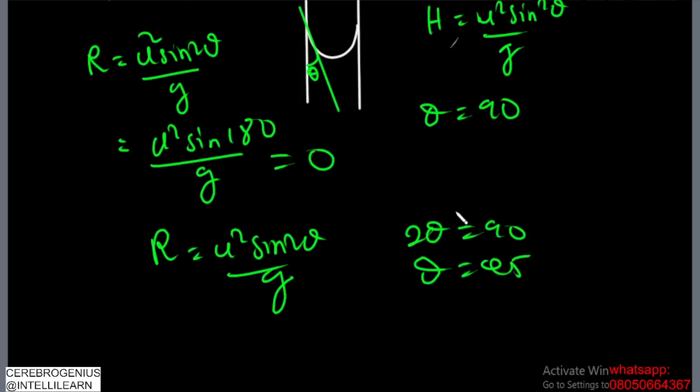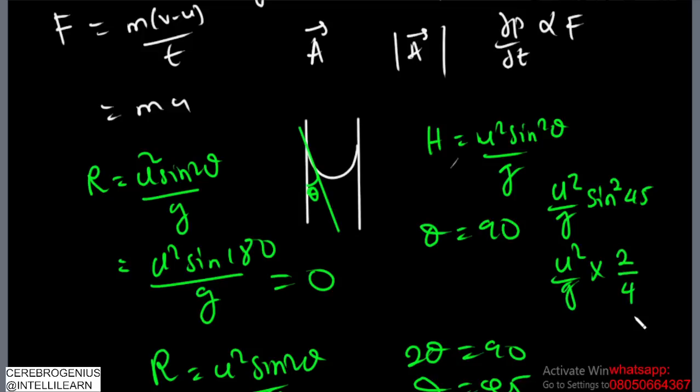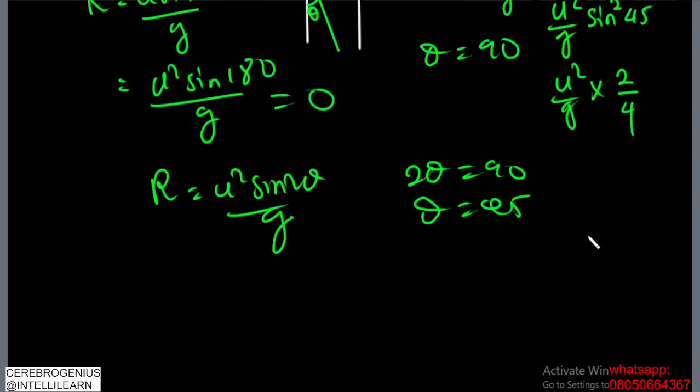So if theta is 45, now go and put it inside the height formula: u square over g, then sine square theta, so theta is 45. Sine 45 is root 2 over 2. When you square that, you have 2 over 4. So the answer is u square over 2g.